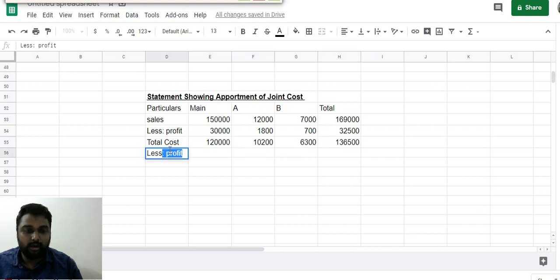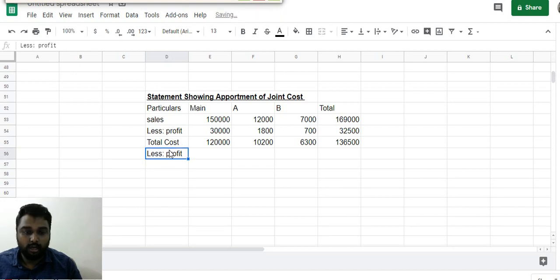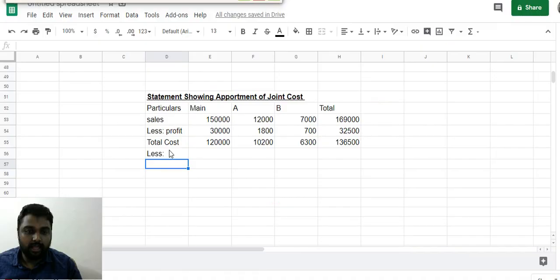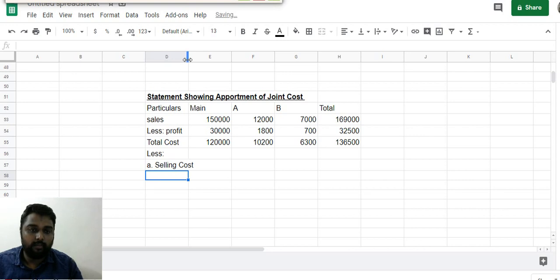Now here comes a lot of items we have to reduce. First will come selling cost. Here comes the test number 1. Selling cost.